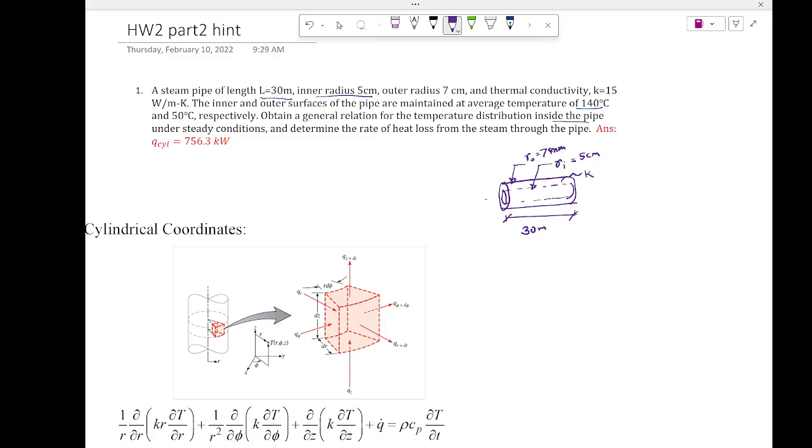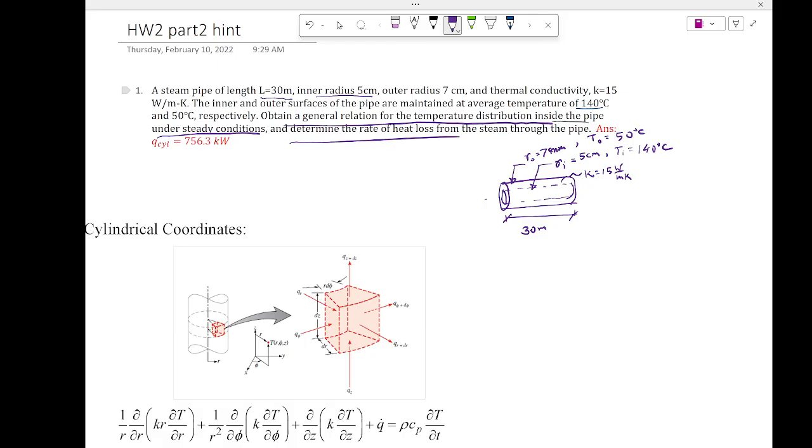The conductivity K is given as 15. The inner and outer surface of the pipe are maintained at average temperatures, so they gave you Ti, 140, and they gave you To. Obtain a general relation for temperature distribution inside the pipe under a steady state condition.